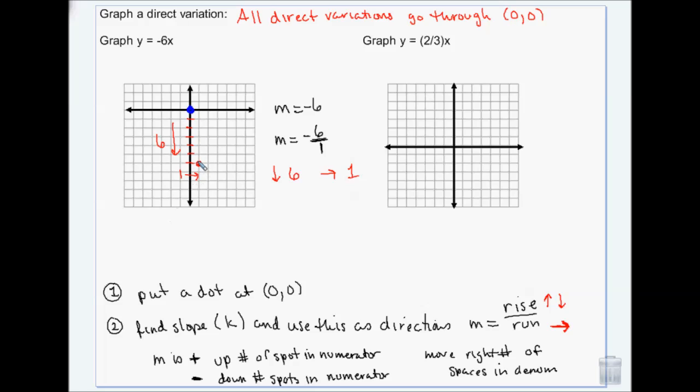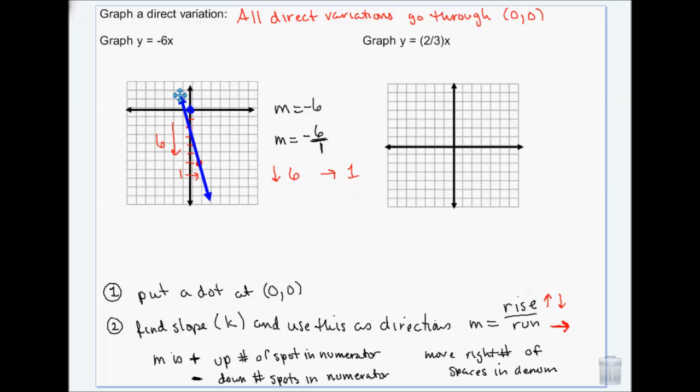And that's where I'm going to put my next dot. And then I connect the dots.